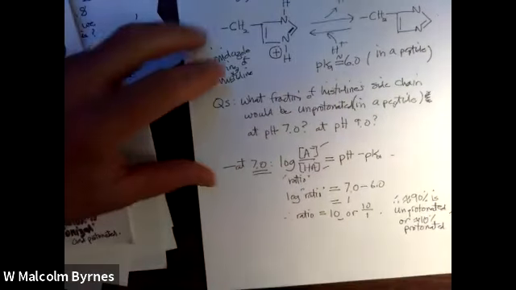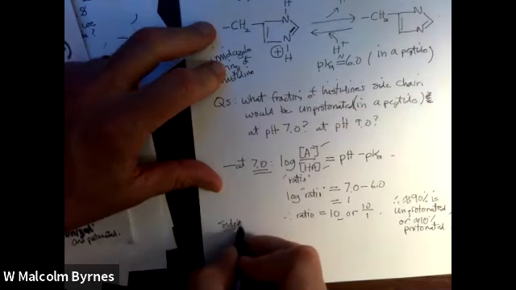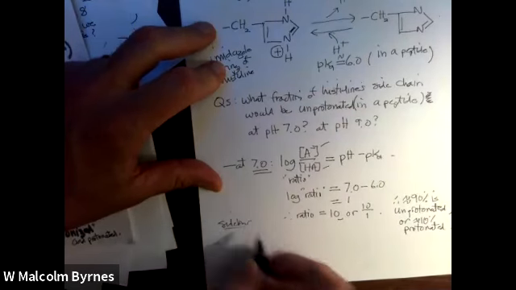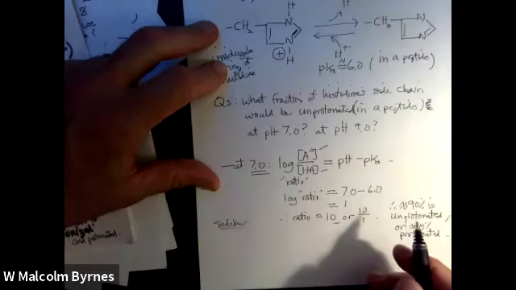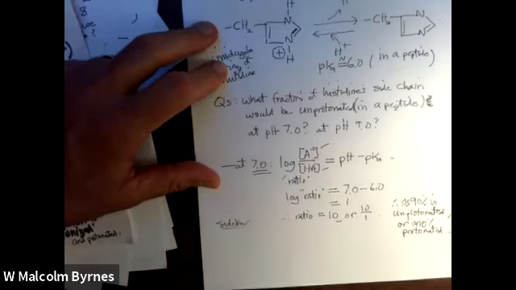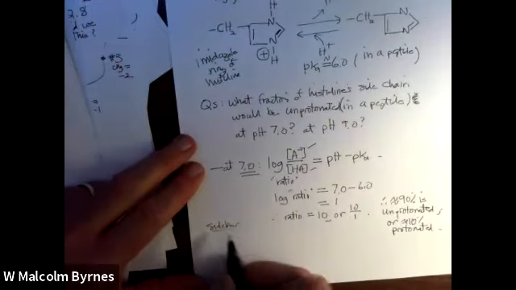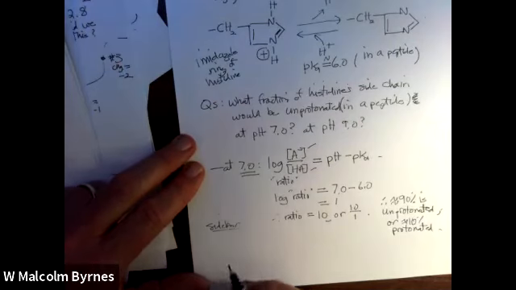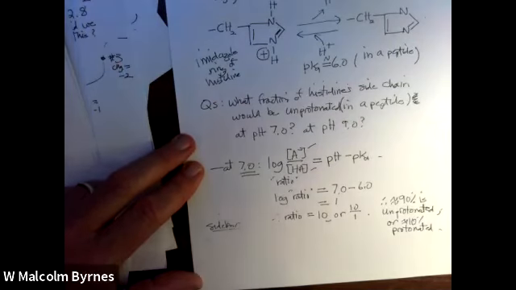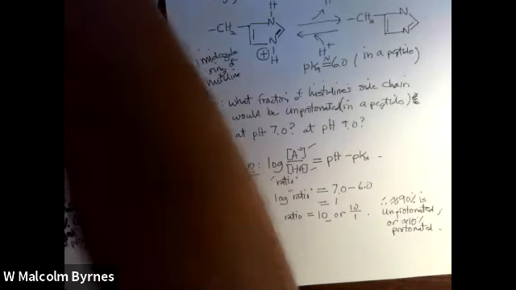Now, I want to do a little sidebar here, because I used approximations to find out how much is actually unprotonated. Looks like I'm running out of ink here, folks.